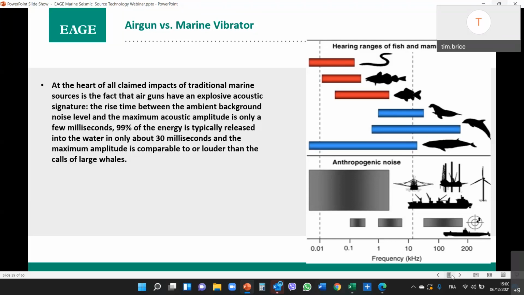So you can design your sweeps and your sweep lengths to give you a constant signal to noise across the full bandwidth, potentially improving the signal to noise at the low and high frequency ends. So the control you have with a marine vibrator potentially gives you much better data. That's something we aim to demonstrate when we first deploy these units.